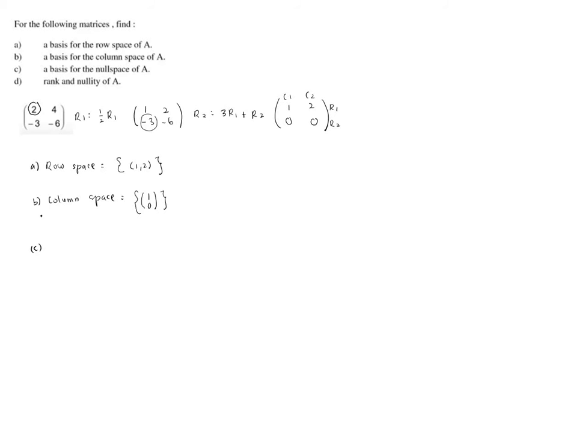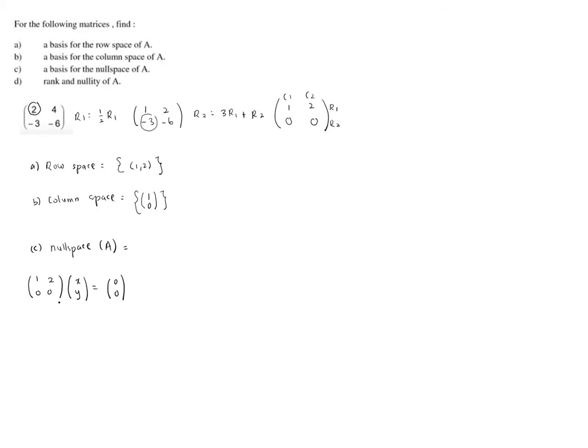C, null space of A. Okay, so 1, 2, 0, 0, the matrix multiply by, okay, if earlier we use xy, this time you can use xy or again, or you can use x1, x2, xy equal to 0, 0.